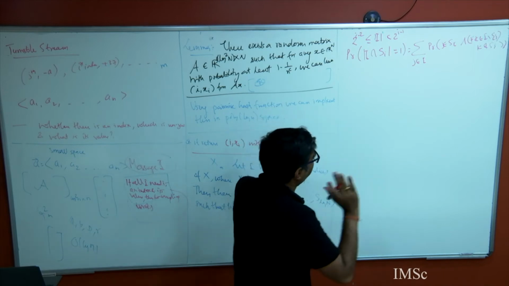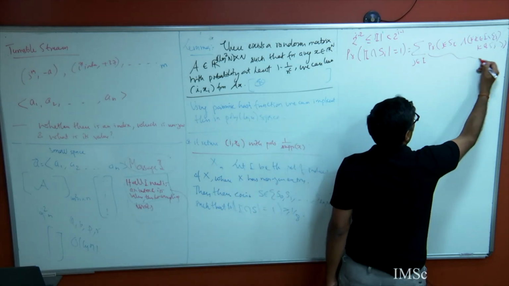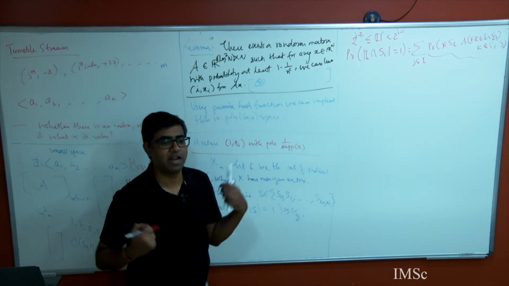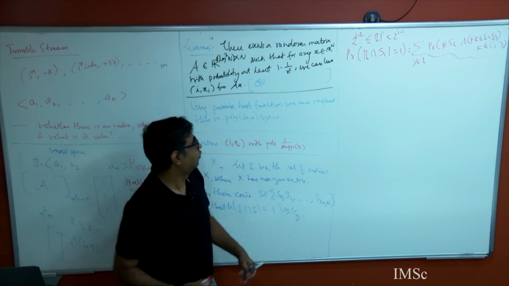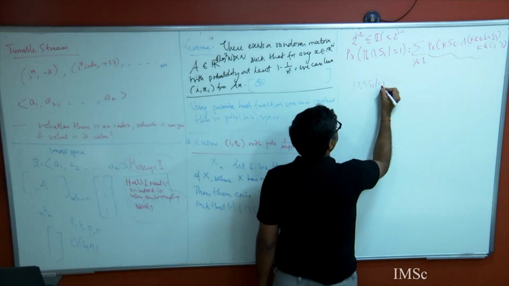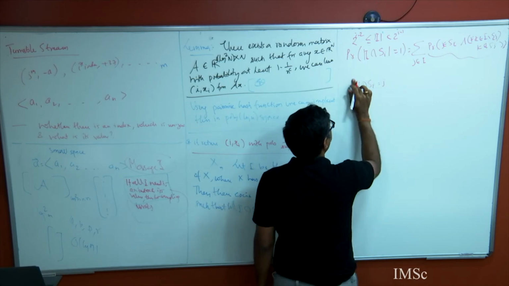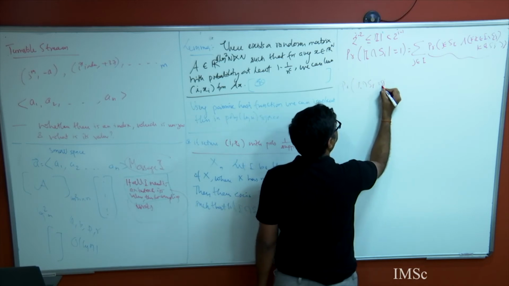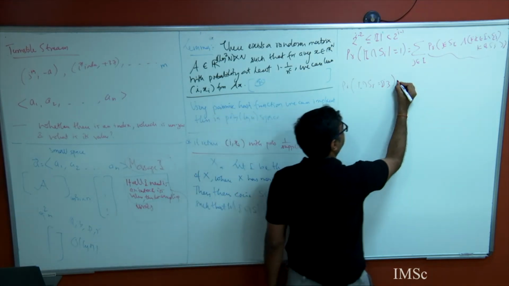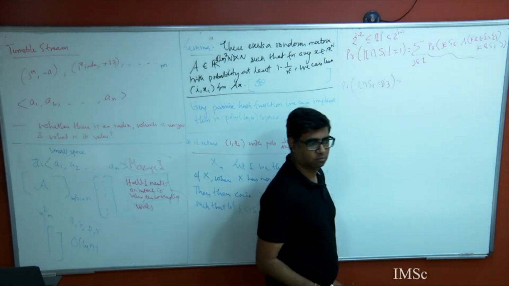Now forget about the sum. Let's take one entry. What is the probability that one particular entry is what? If I ask what is the probability that I intersection Si is equal to j, one particular entry, then this is nothing but one term of this, right?